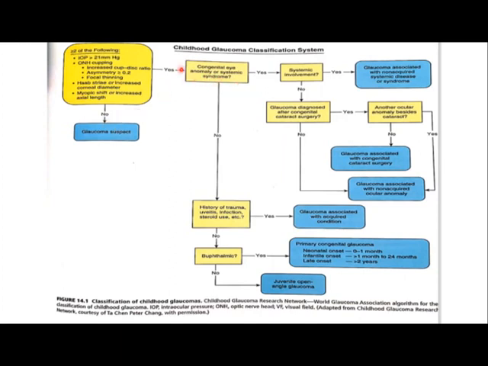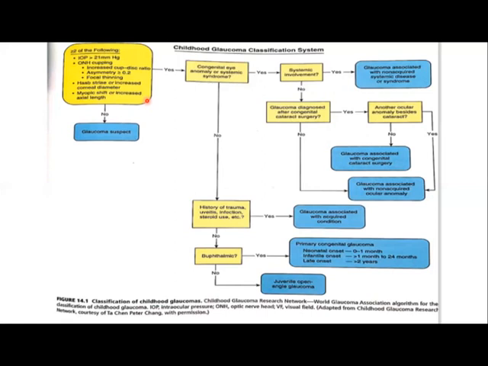The first set of points: IOP greater than 21 mm Hg, optic nerve head cupping, that is increased cup disc ratio, or asymmetry between the two discs greater than or equal to 0.2, focal thinning of NRR, Haab striae or increased corneal diameter, myopic shift or increased axial length.